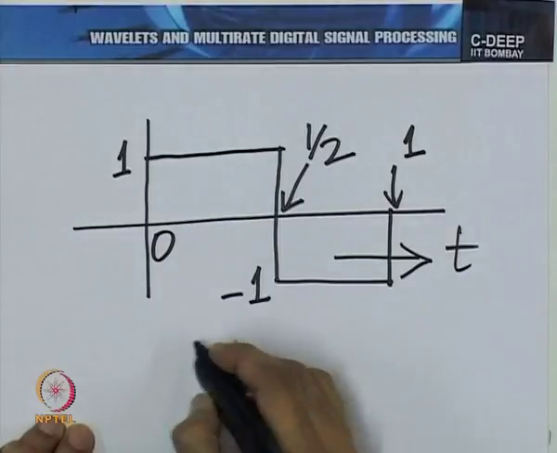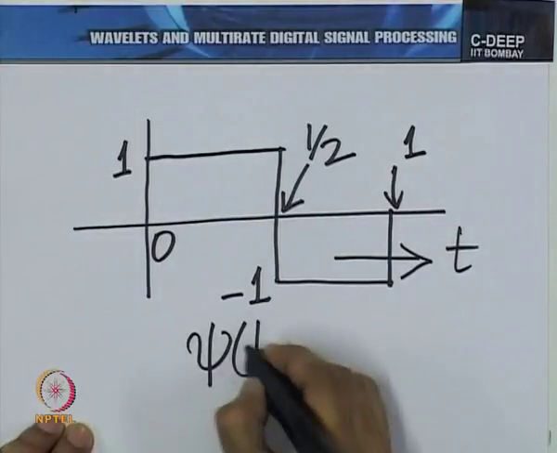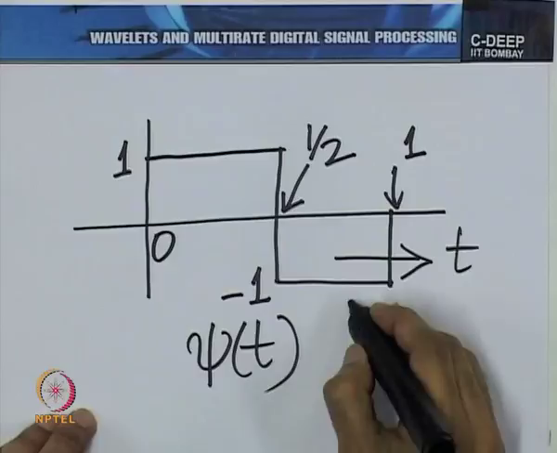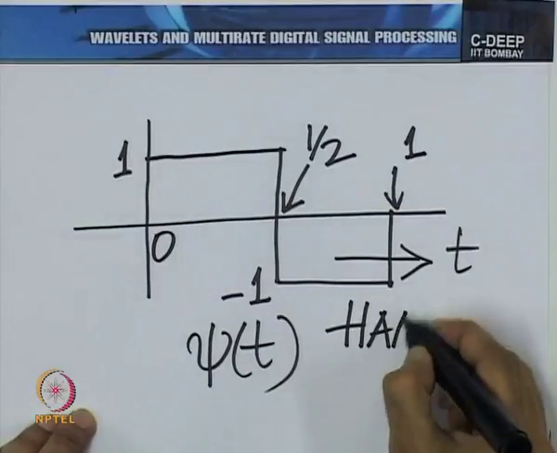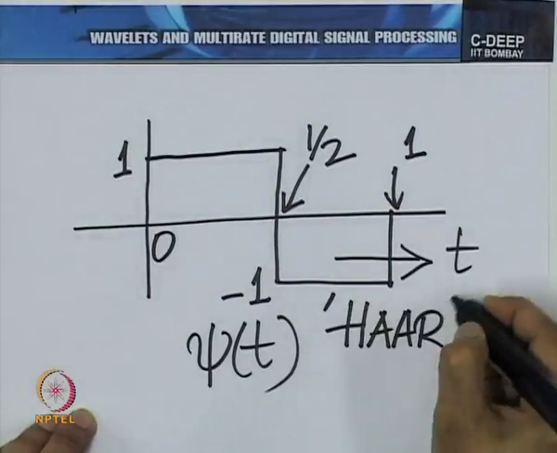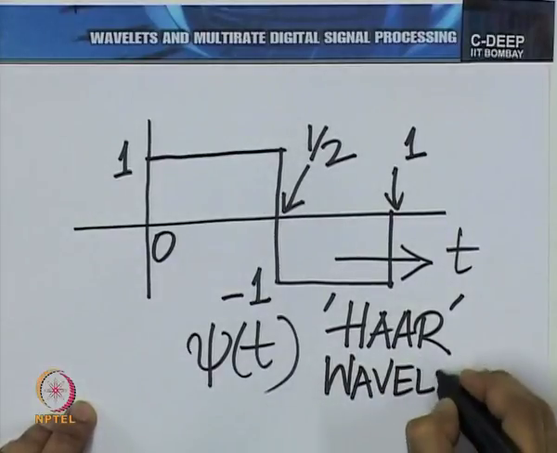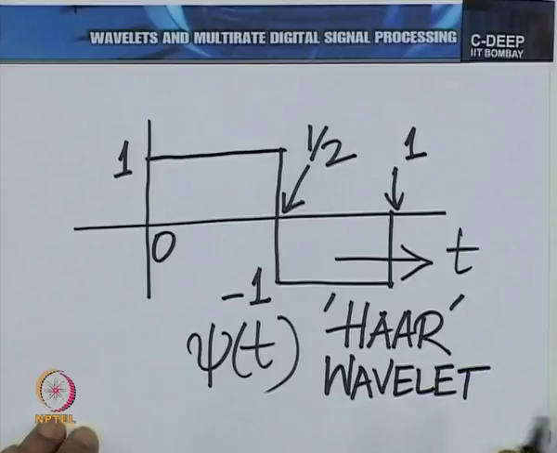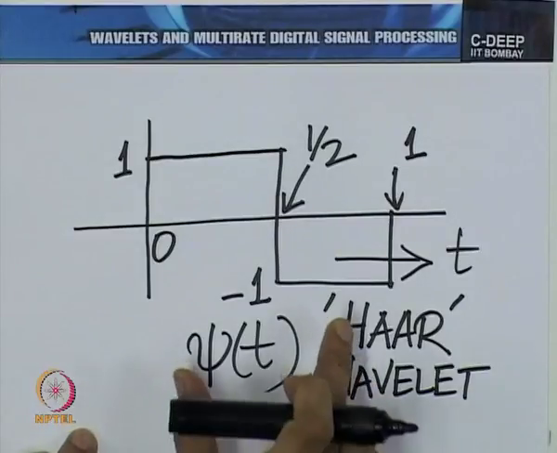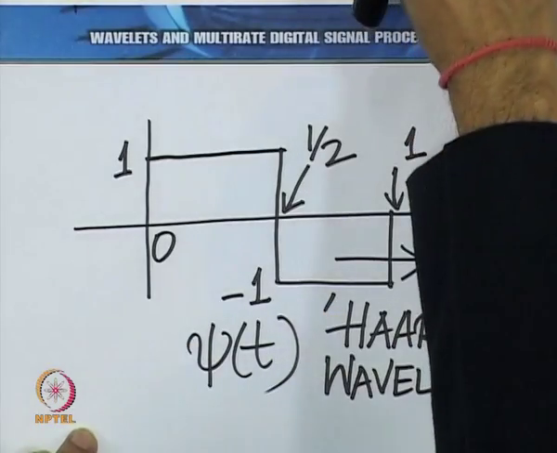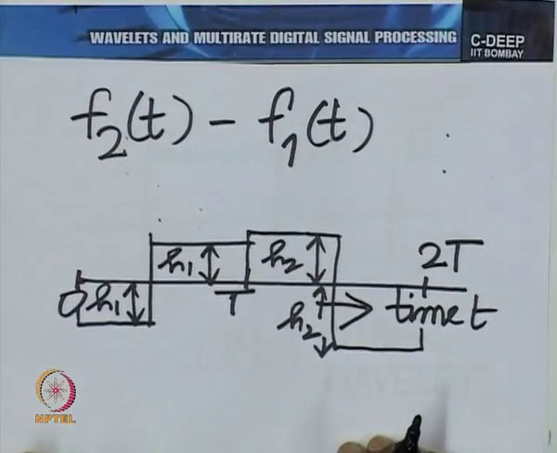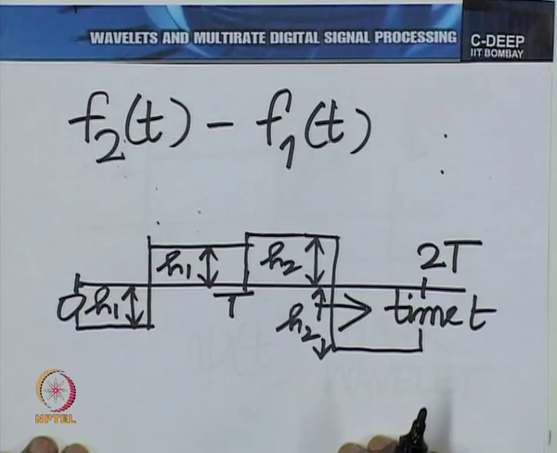And let us give this function a name, let us call it psi of t. In fact, this is indeed what is called the Haar wavelet. Haar, again the name of the mathematician. It is very easy to see that using this function, I can construct any such f2(t) minus f1(t).